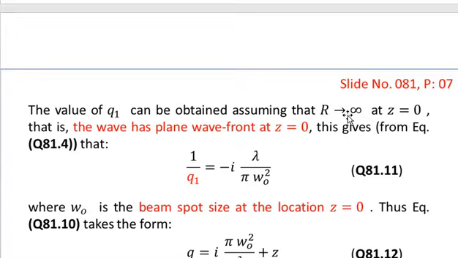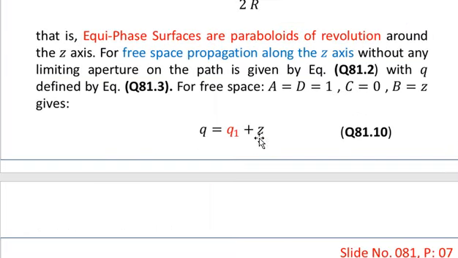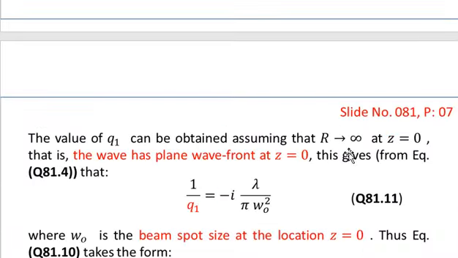So R equal to infinity at z = 0 means that you get this relationship. I have replaced 1/q with 1/q1, because if you set z = 0 in equation 10, you will see that q can be replaced by q1.